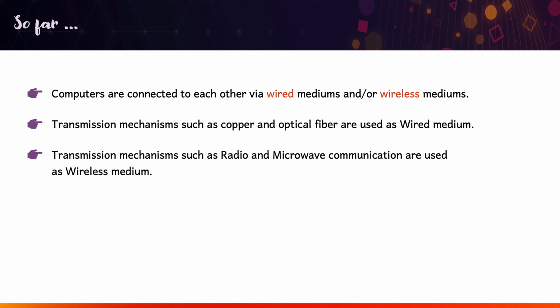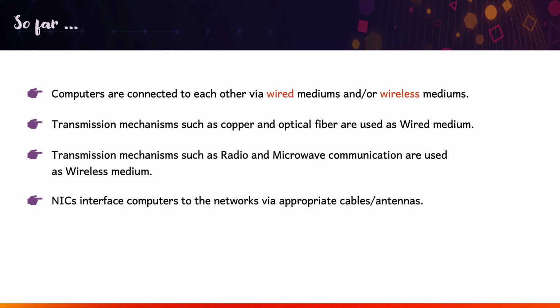Even though we use the term Wi-Fi to denote wireless, as you may have learned in the previous lessons, wireless has actually more things than just Wi-Fi. Wi-Fi is just one of the wireless mechanisms. Then the NICs in the computers connect the computer to the other computer networks, either through cables, if it is a wired medium, or through antennas, if it is a wireless medium.